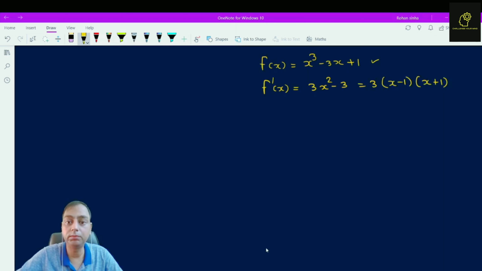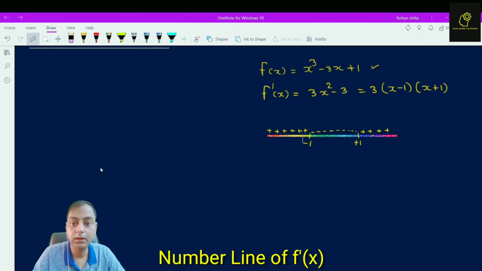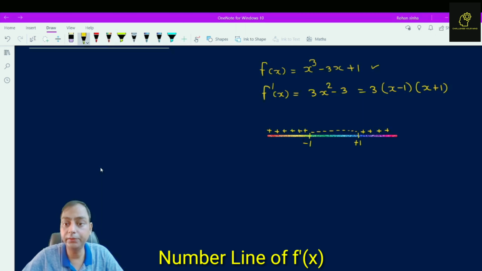Now plotting f dash x on the number line, we find that f dash x is negative in the interval minus 1 to plus 1, and it is positive when x belongs to minus infinity to minus 1 and 1 to infinity. So what can we say?